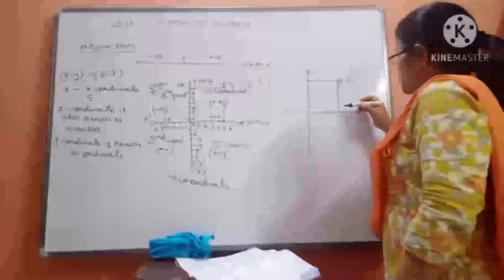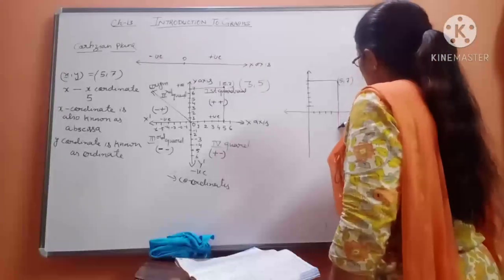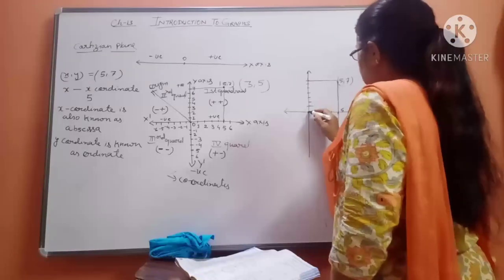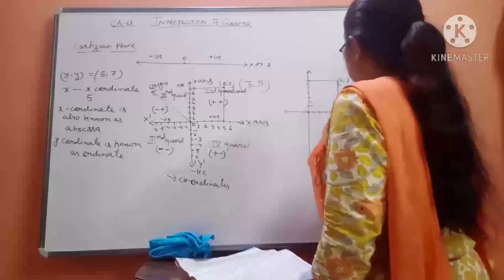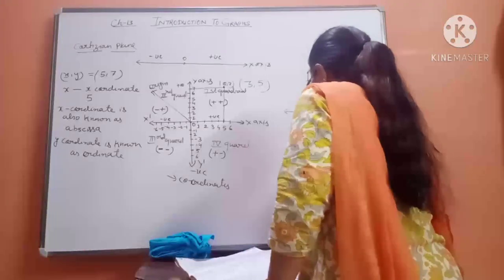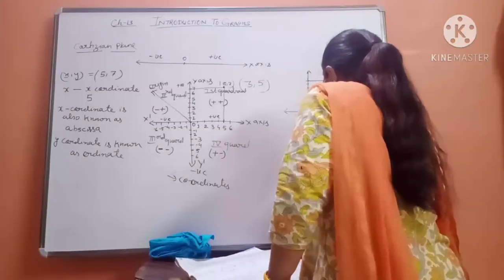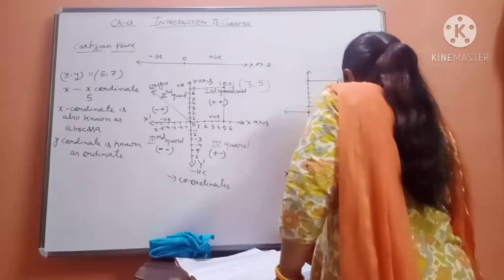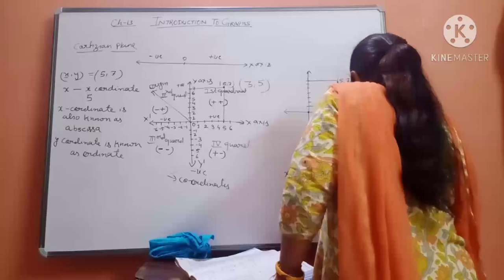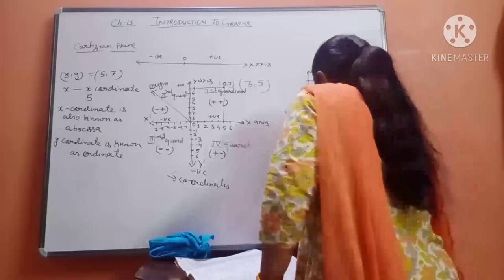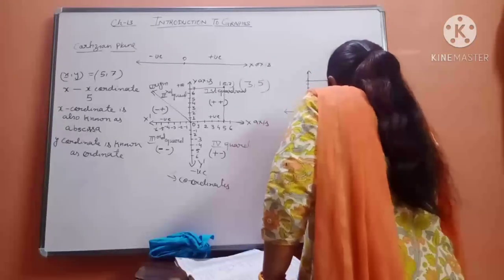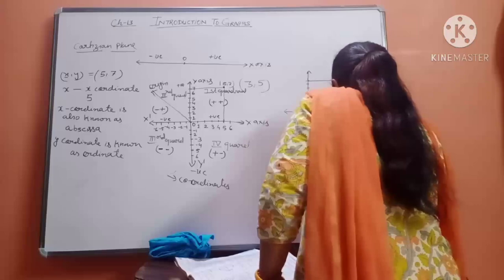Okay beta. So this point 5 is the distance from the origin, the distance from the y-axis. The x coordinate, I am writing here, is also known as the distance from the y-axis.